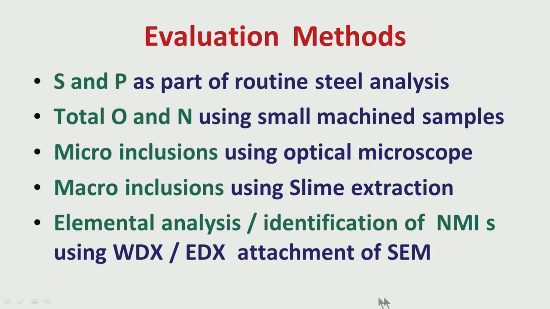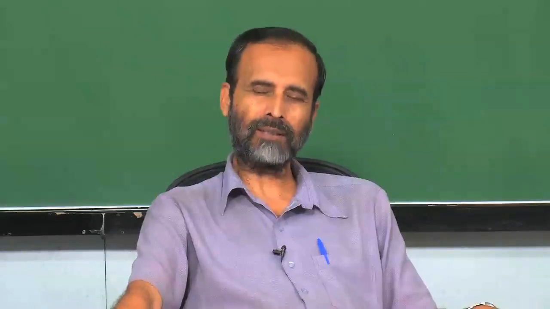I have also mentioned that elemental analysis under SEM with the attachment of WDX or EDX helps us in identifying what elements are present, and from there we can come to a conclusion of what constituents are present, like what are the types of inclusions. These are all post-mortem analysis. This takes time. So, once a quality issue has been identified, once a quality aberration has led to some problem in the final product, as a post-mortem analysis we can do this evaluation to identify what went wrong.